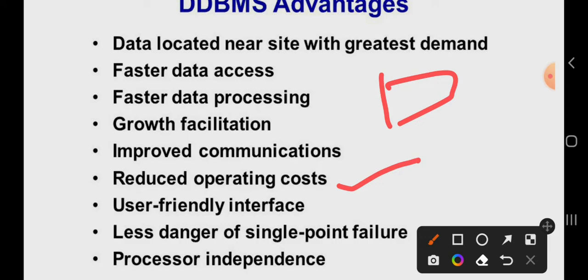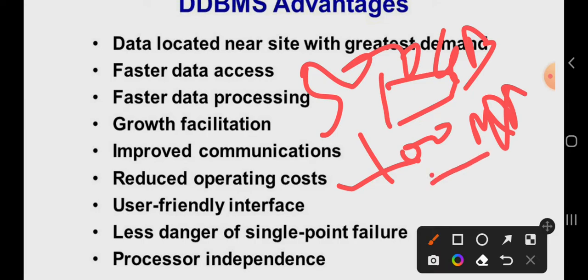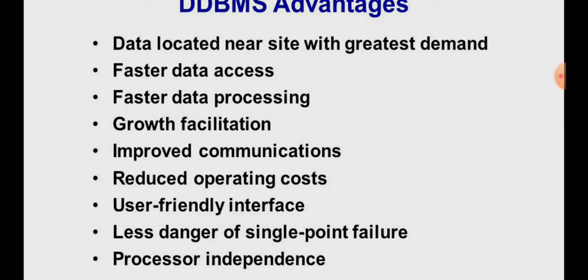You may have, but still, say suppose you have a 500 GB database and you are sharing it among 5 systems with 100 GB each, then it is easy to handle 100 GB compared with 500 GB. So the operating cost will also reduce when compared with other database management systems.